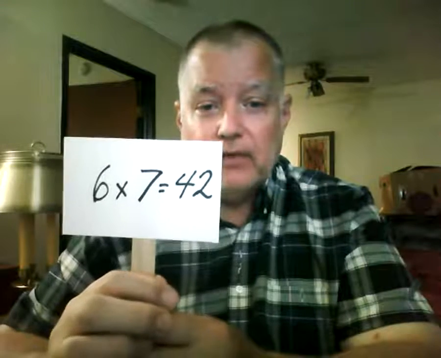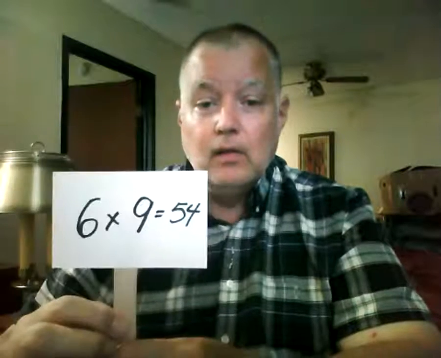Oh, my knee. 6 times 7 is 42. 6 times 9 is 54.